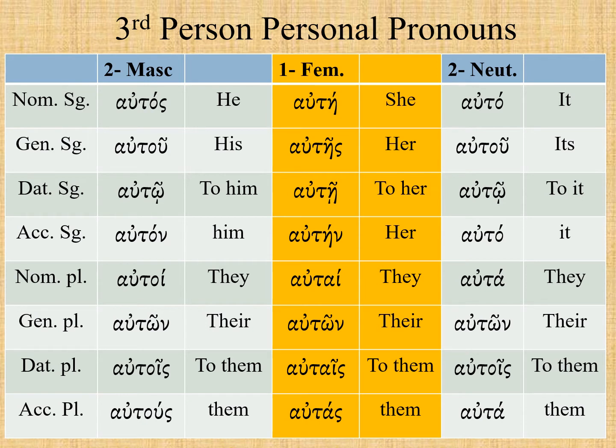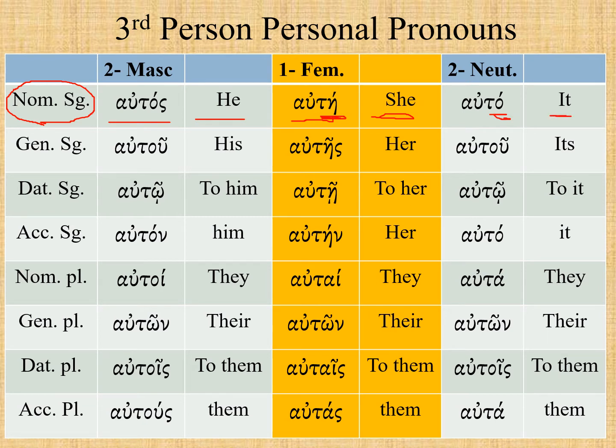In Greek we have autos, he, which is the nominative singular form of the third person personal pronoun. Then looking at she, aute, notice the feminine ending there, and auto is the neuter form, it.